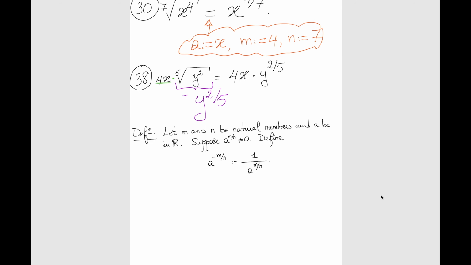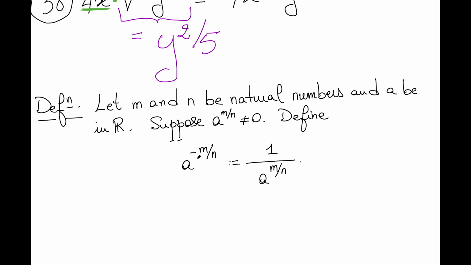Next definition. Let m and n be positive integers, and let's suppose that a is a real number with the property that a to the power m over n is not 0. We define a to the power minus m over n to be 1 divided by a to the power m over n.